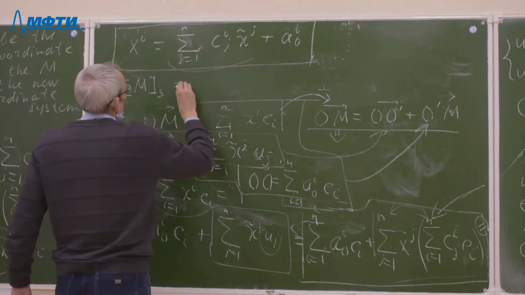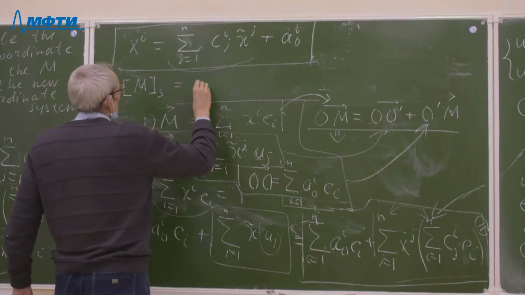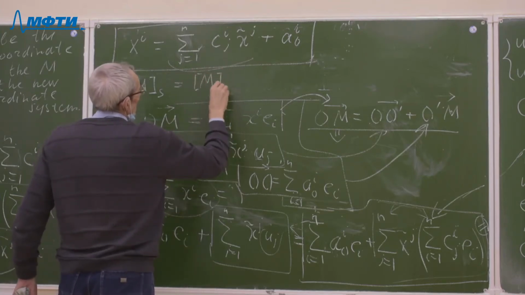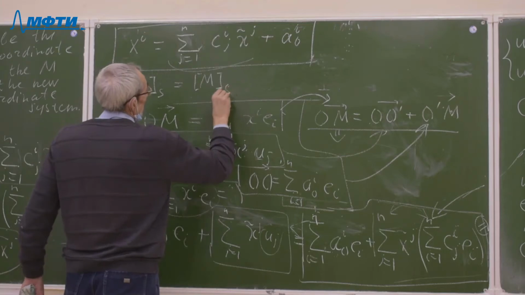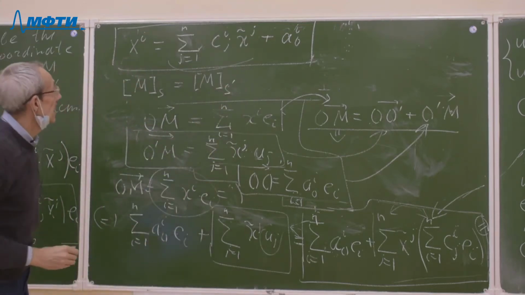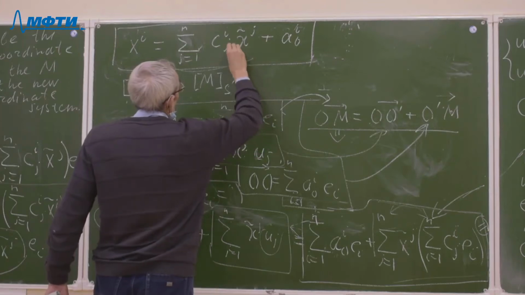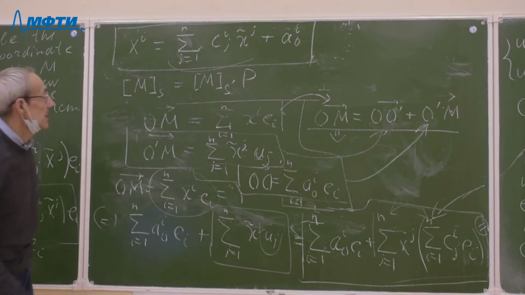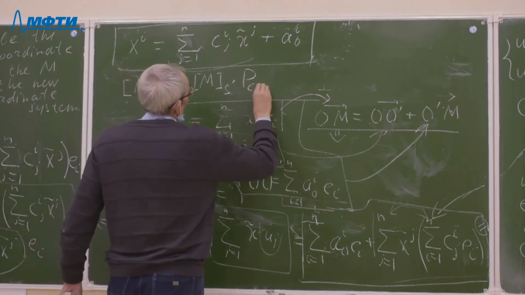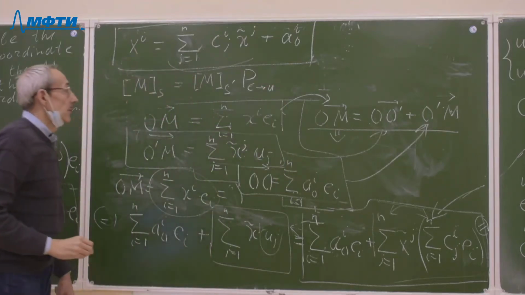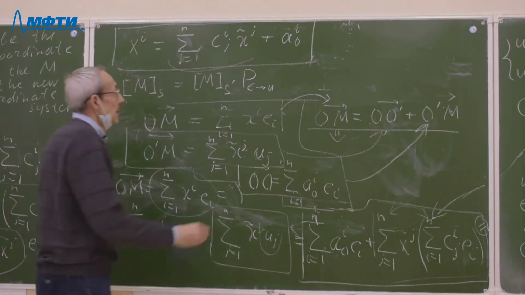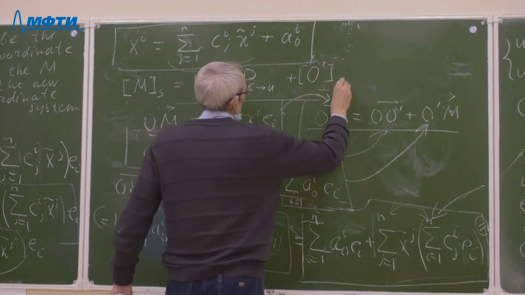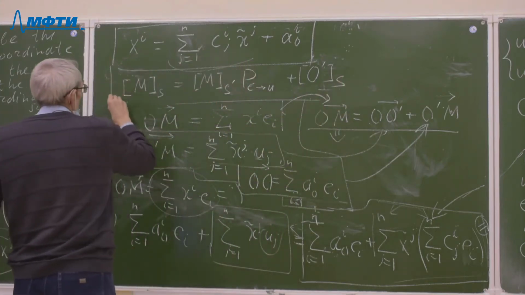This equals the product of the coordinates of the point M in the new coordinate system with these coefficients from the transition matrix from the old to the new basis, plus the coordinates of the point O prime in the old coordinate system.